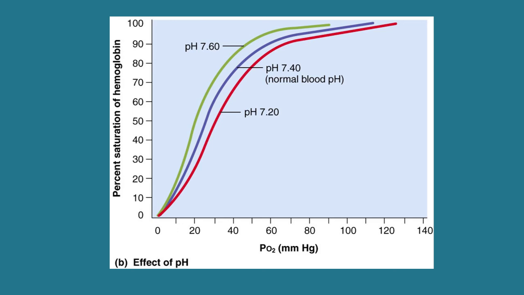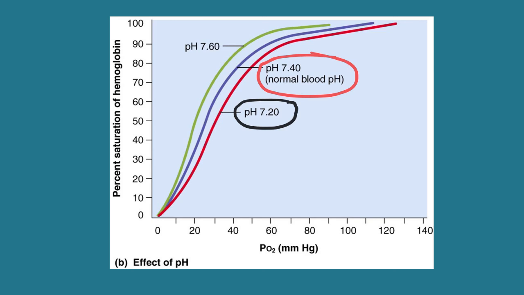Let's interpret the oxygen dissociation curves for pH. Let's look at the normal pH first. Here we have the normal pH, and like we said earlier, anything to the right means that the oxygen is being released.